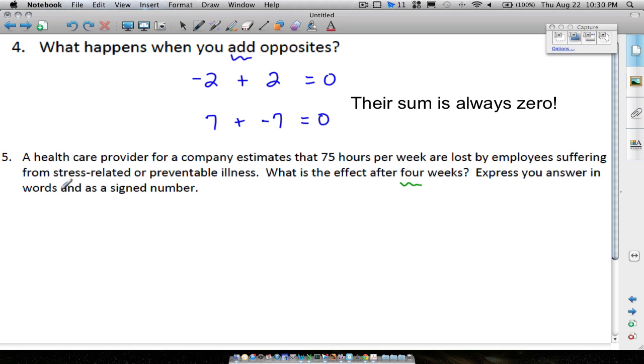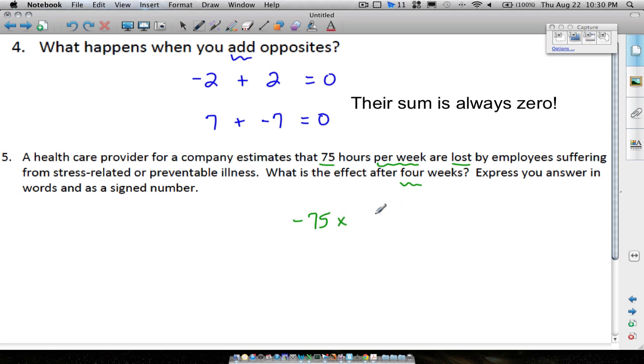Express your answer in words and as a signed number. So the healthcare provider, they estimate 75 hours per week are lost. Losing 75 hours per week. So for losing 75 hours per week, and we're looking at the effect over 4 weeks, losing 75 is -75.